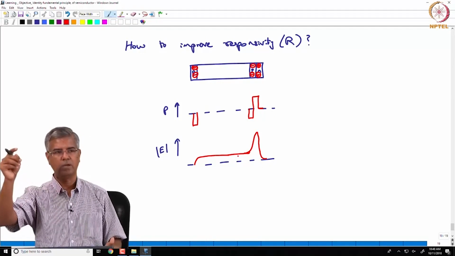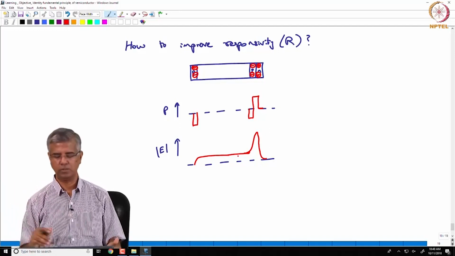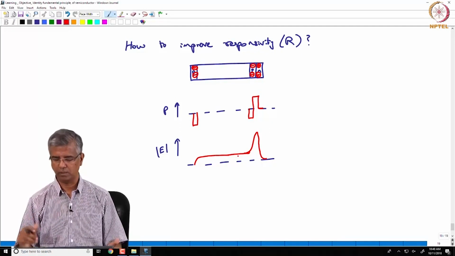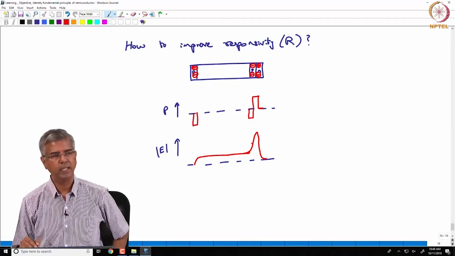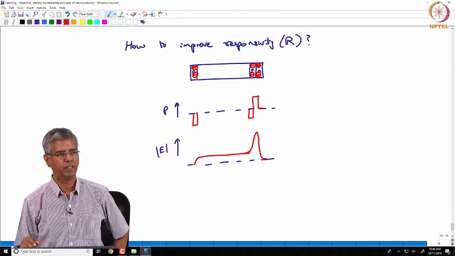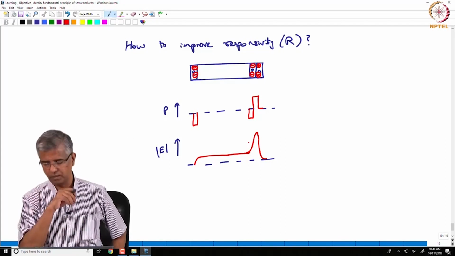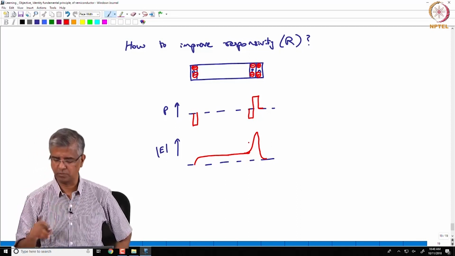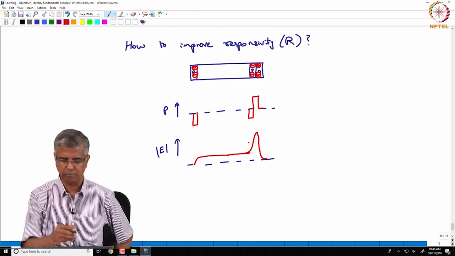So the field increases over there, and then the positive charges sort of neutralize this entire thing. So the field comes down. So you have a very high electric field within a very small region, or we have a very large voltage drop within a very small region. So what is the effect of that?